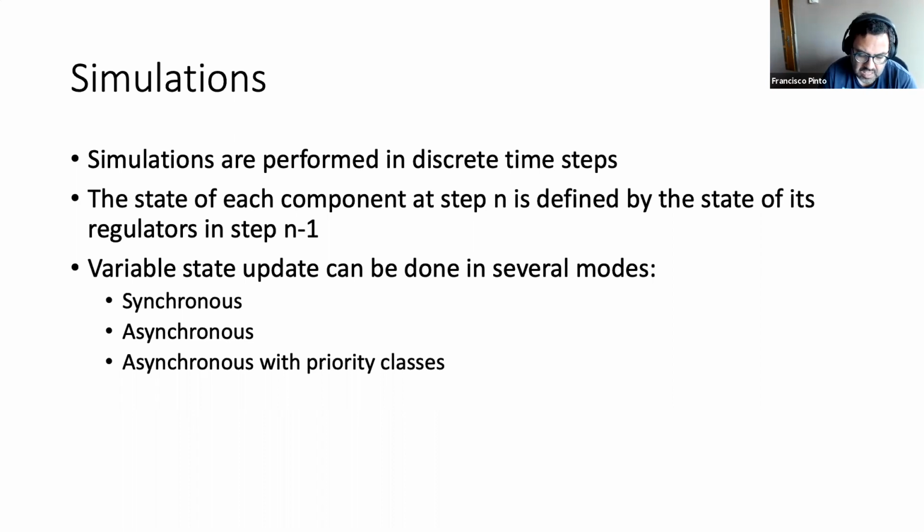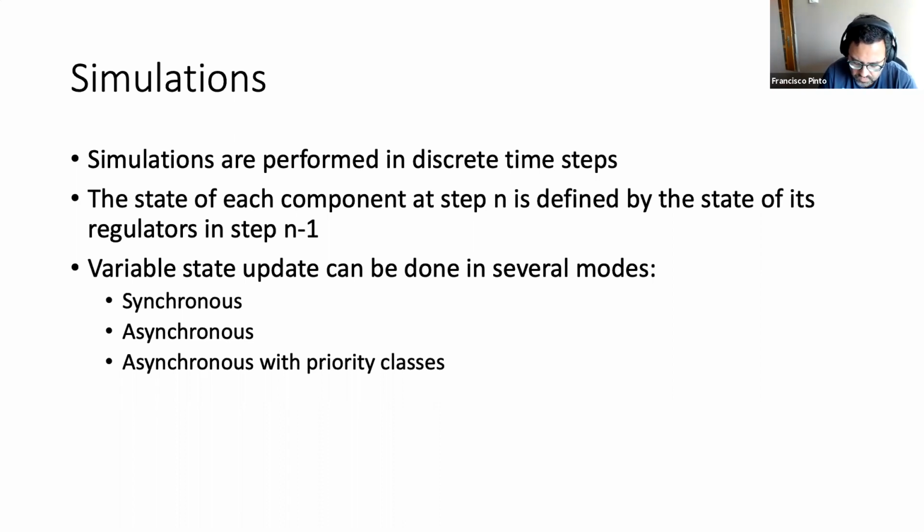That means that if I have multiple possible transitions to occur between two consecutive time steps, I will give priority to the ones that I know occur at a smaller time scale, so that are quicker. There are different flavors of these asynchronous updates with priority classes.